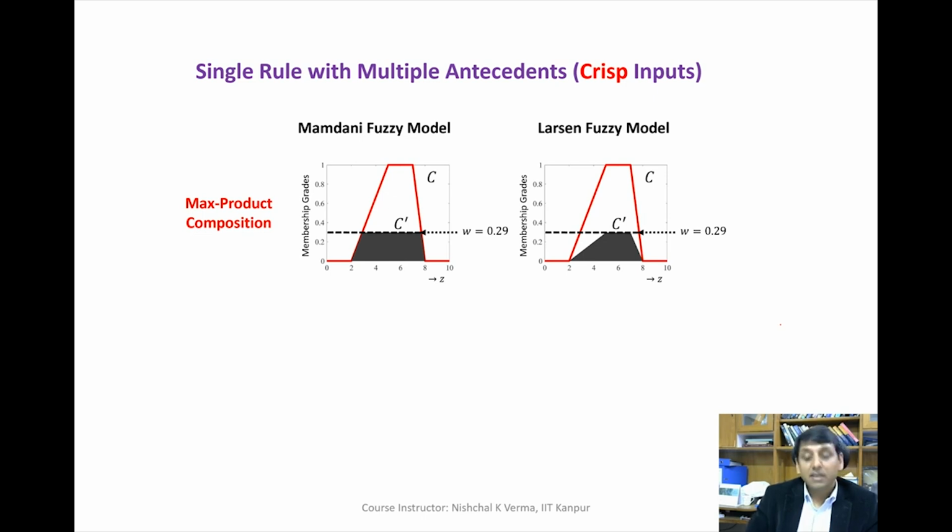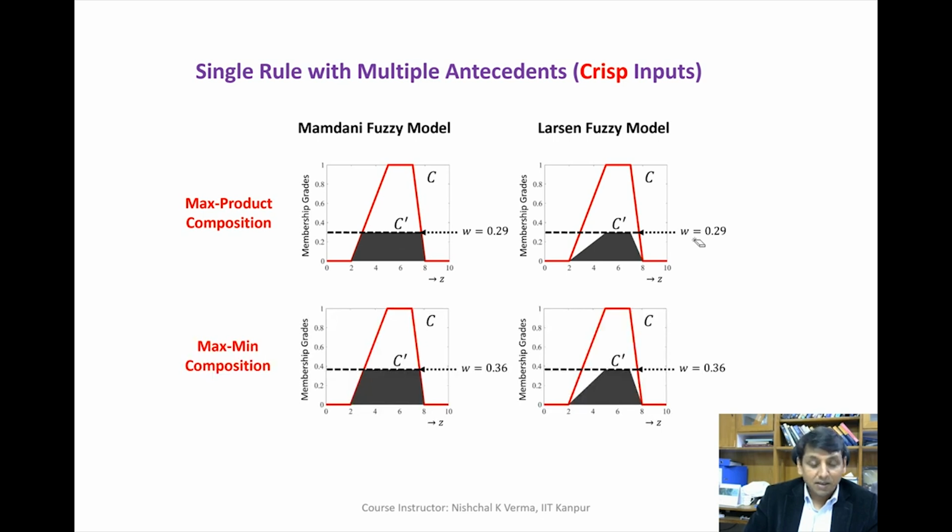Now let us compare all the outputs, when we have supplied the crisp inputs and used the max product composition and max min composition, and how these two models, the Mamdani fuzzy model and the Larsen fuzzy model, are giving the fuzzy output. As I have already mentioned, this fuzzy output is not the final output.